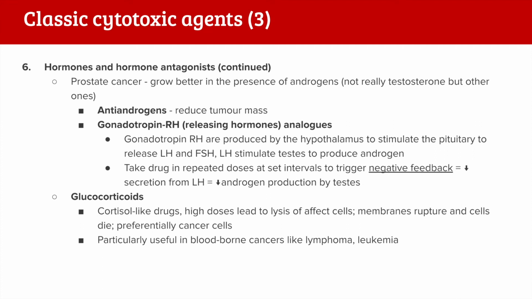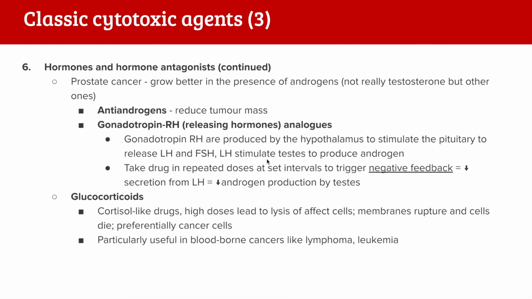And prostate cancers grow better in the presence of androgens, not really testosterone, but other androgens. So we can have anti-androgens to reduce the tumor mass, or we can have gonadotropin-releasing hormone analogs. Gonadotropin-releasing hormones are produced by the hypothalamus to stimulate the pituitary to release LH and FSH, which are sex hormones.